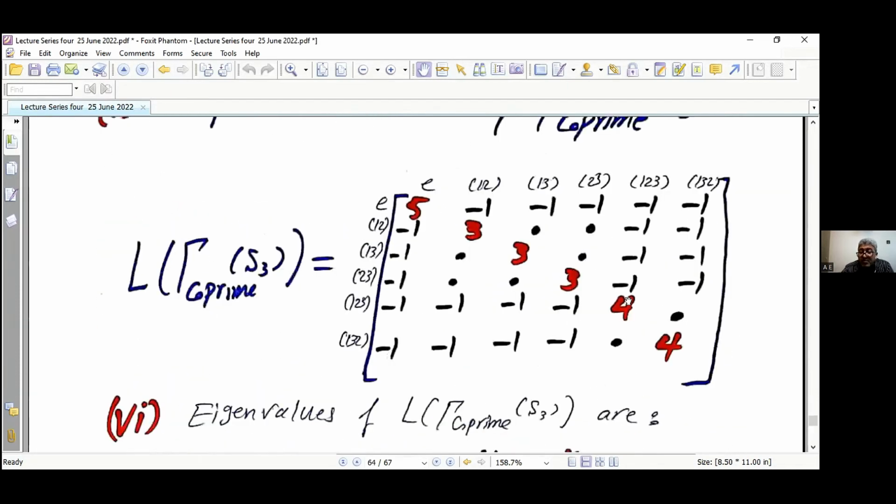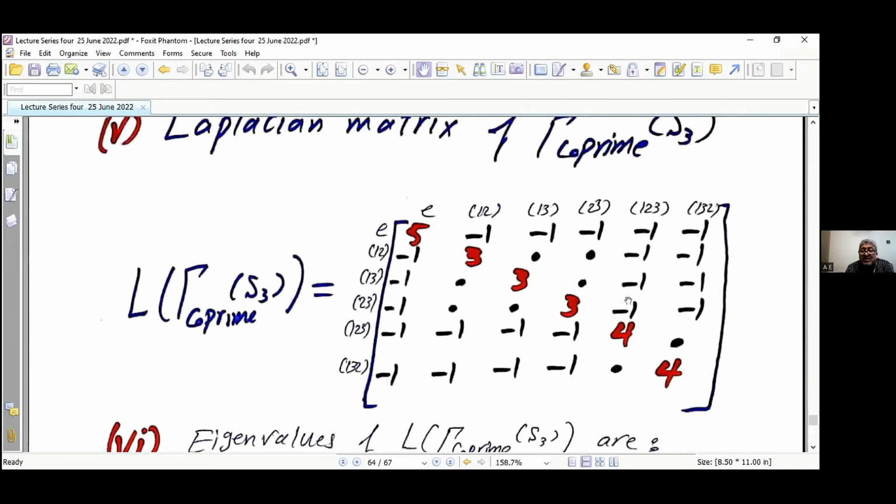Now, for the other entries of the Laplacian matrix of the coprime graph of S3, let me look at one of the rows. For example, the second row, for (1 2). (1 2) is adjacent to identity.